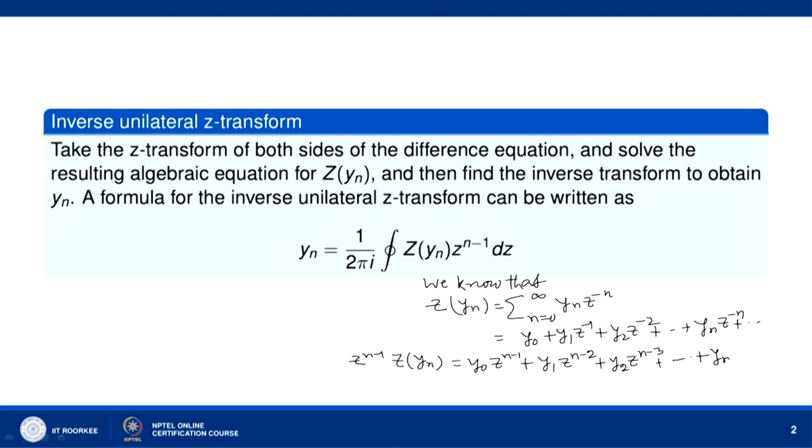We get y n into Z to the power minus 1 and so on. The right hand side here is the Laurent series. In the Laurent series, the coefficient of 1 by Z gives the residue of Z to the power n minus 1 Z of y n. So, residue of Z to the power n minus 1 into Z of y n at Z equal to 0 is equal to y n.